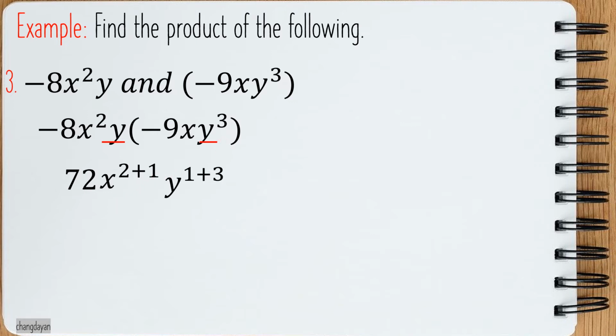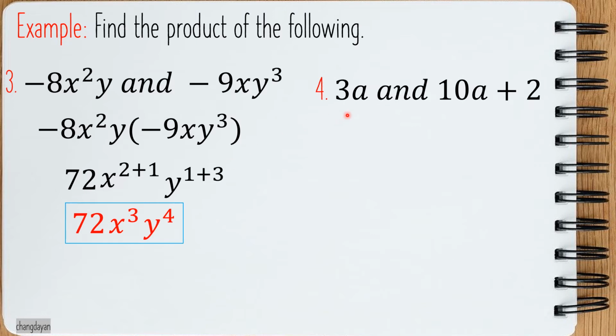So we'll have 72 and then add the exponent 2 plus 1 and you'll have x raised to 3. Then you have y raised to 1 plus 3 and you'll get y to the fourth. So our answer here is positive 72 x cubed y to the fourth.